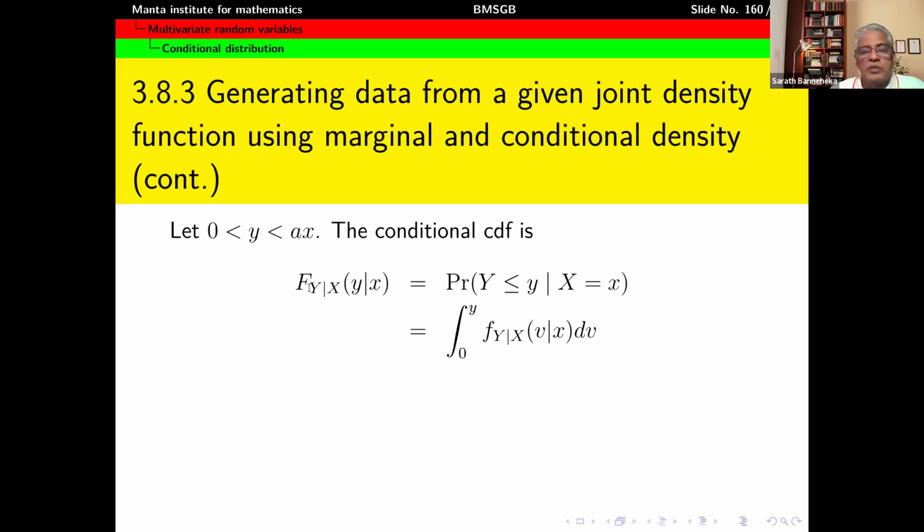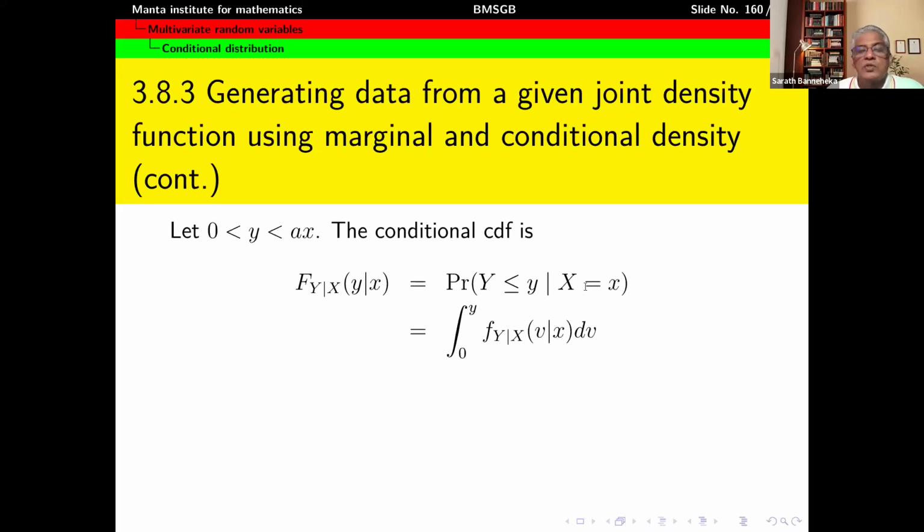Now we are discussing the cumulative distribution function. By definition, this is equal to the probability that Y is less than or equal to simple y, given X is equal to simple x. Going very parallel to the previous definitions, this is the definition of the conditional cumulative distribution function of y given x is equal to simple x.